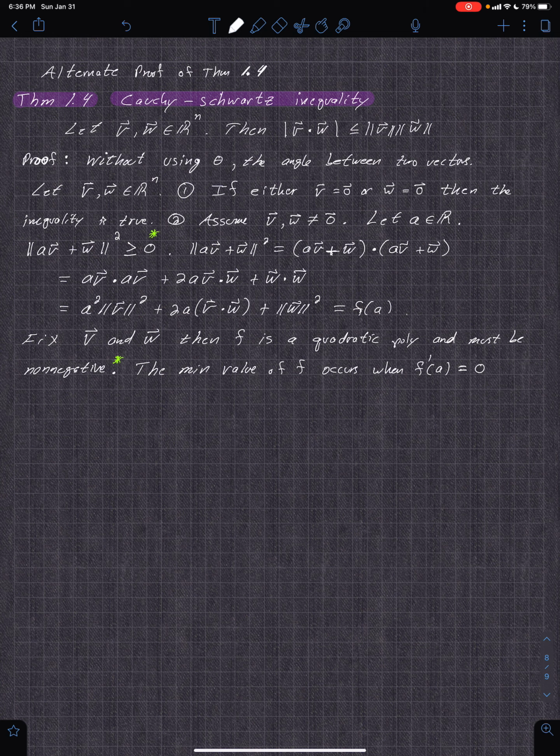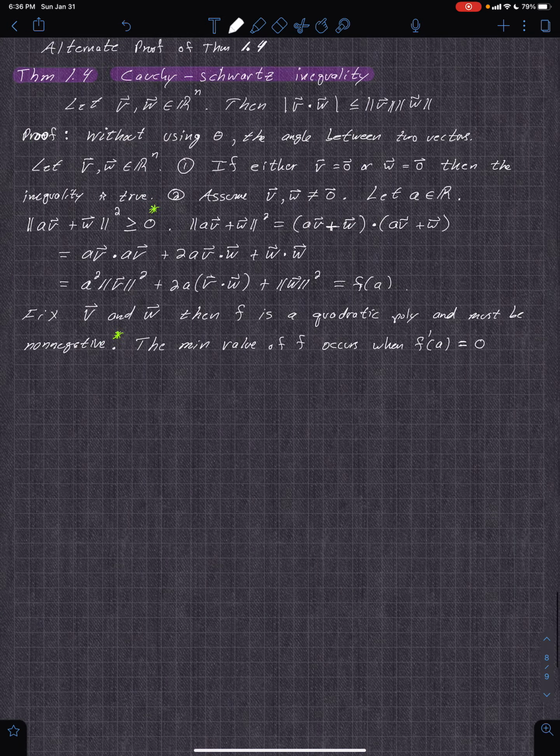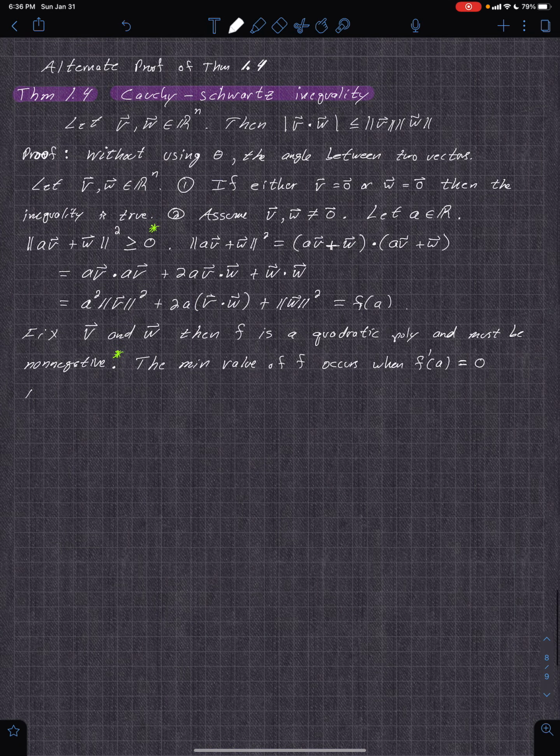I mean, there exists a value a when it's minimum, so it must basically open up.